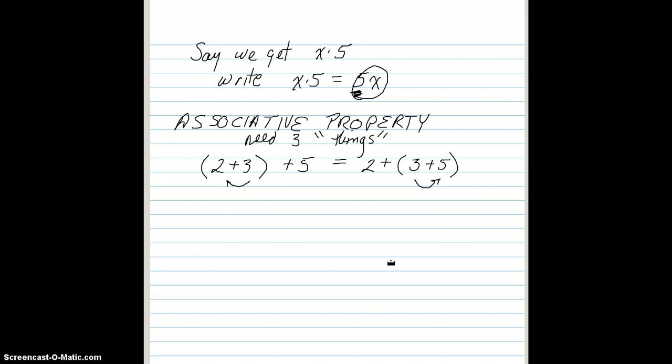Notice it's just the parentheses that move. And actually, in addition, if I just have straight numbers, like 2 plus 3 plus 5, with no grouping, no parentheses, then I would just add left to right.